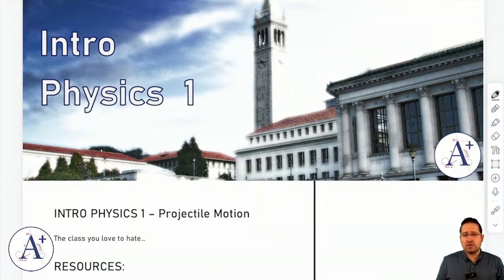Now, the goal of today is to cover a specific topic, which is projectile motion, of course. And really, it's just more of the same. So it's going to be a good review for what we've already talked about, and it's going to hopefully solidify kinematics in your mind, because the nice thing about projectile motion, which is why it's typically something that we teach in intro physics, is that you get motion simultaneously along x and along y.